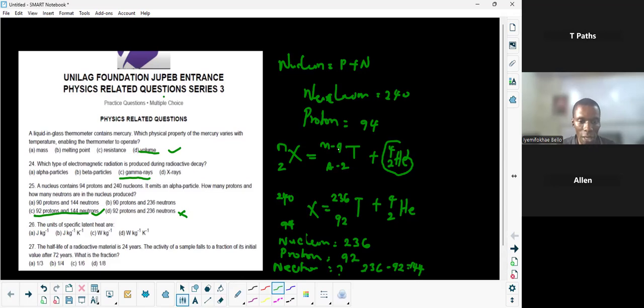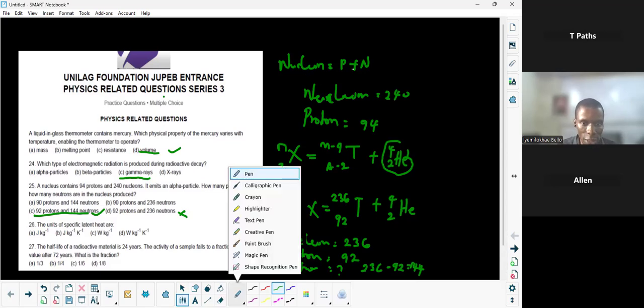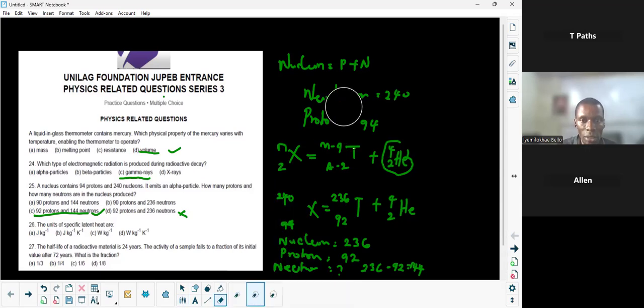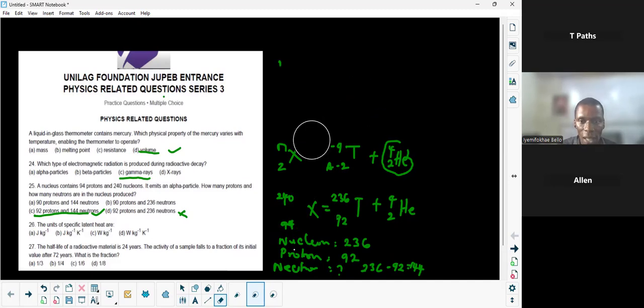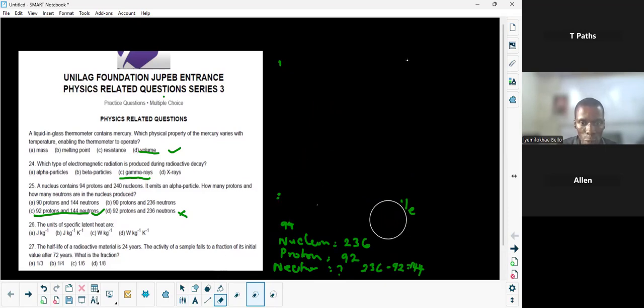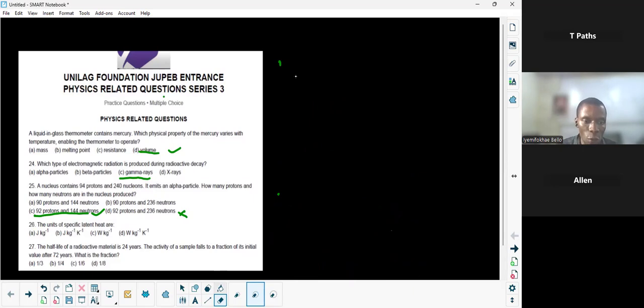Now the next question says, the unit of the specific latent heat is dash. The catch there is, if you don't know the formula for specific latent heat, you can't get your answer. So you need to know the formula for latent heat.